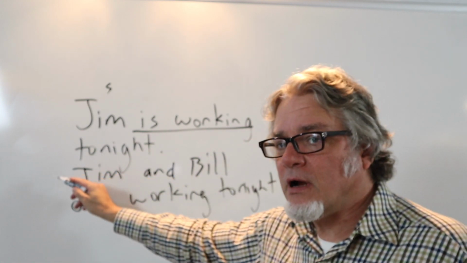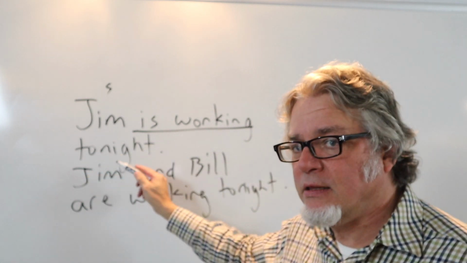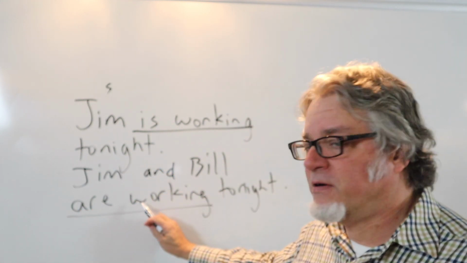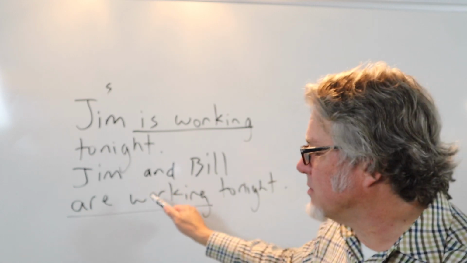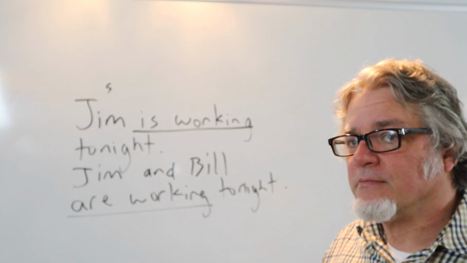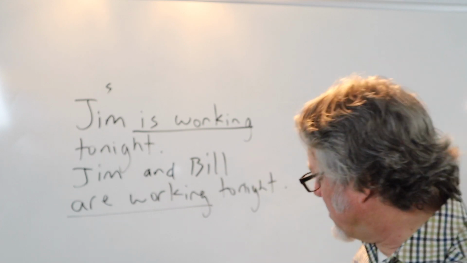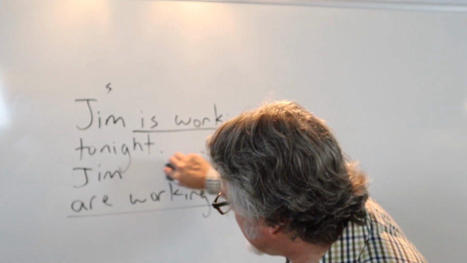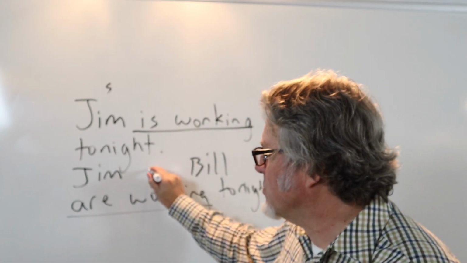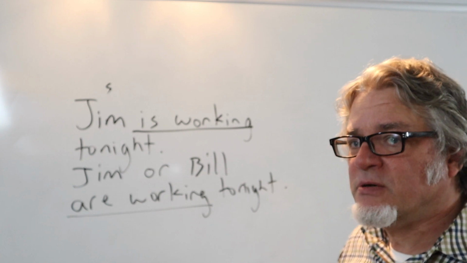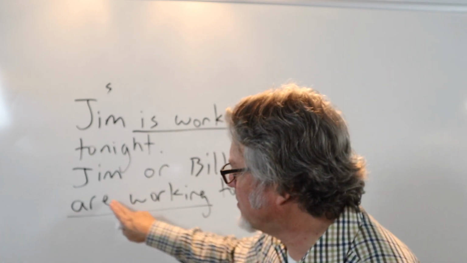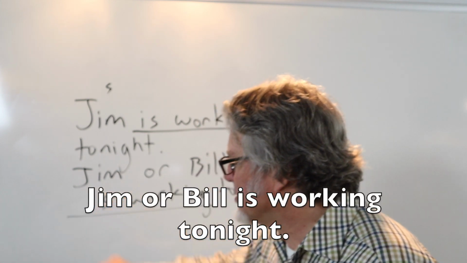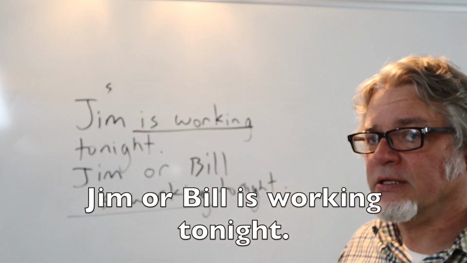So here are two people in the position of the subject, and then here's the verb in the present continuous to match the subject. It is possible to identify one person here, take this out, and use or. Jim or Bill, and then here, because it would be only one person, this changes to is. Jim or Bill is working tonight.